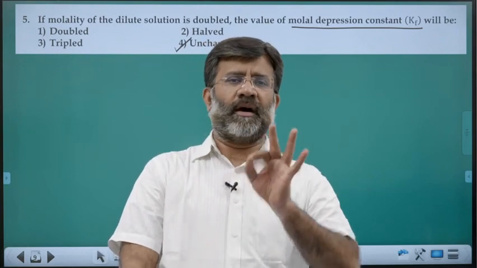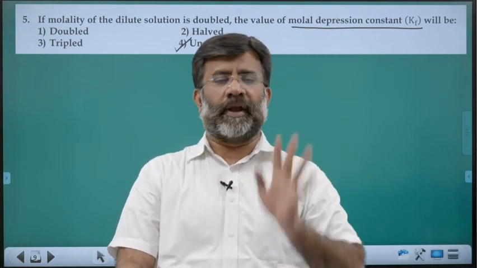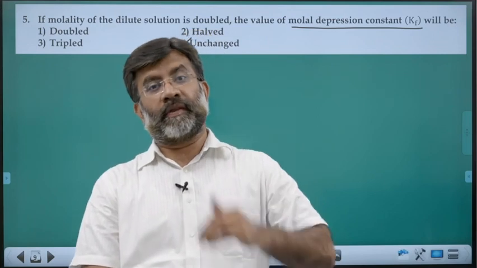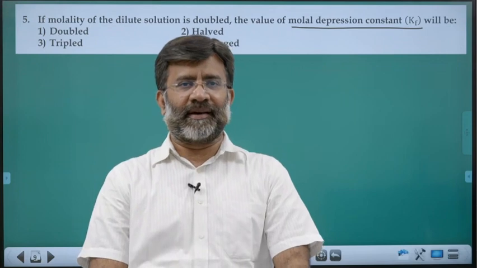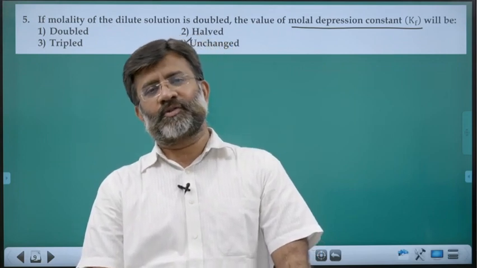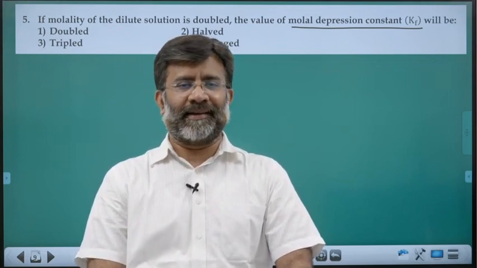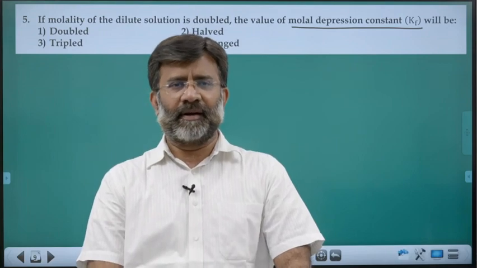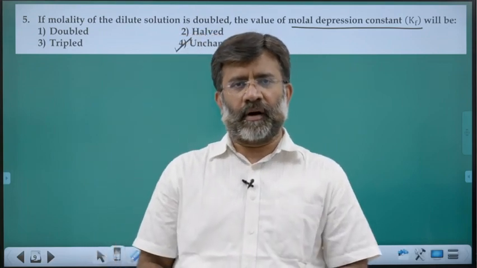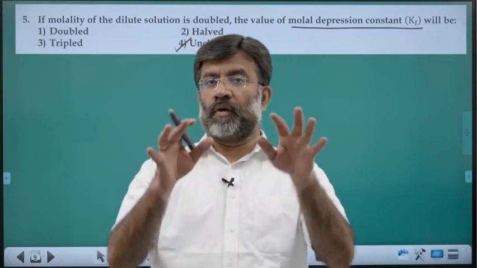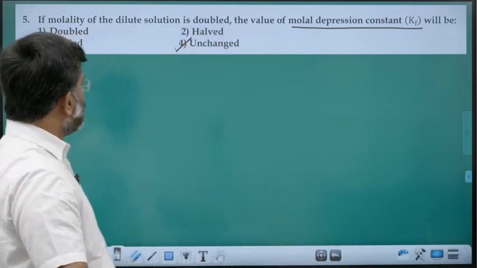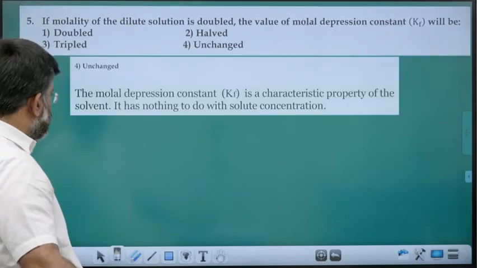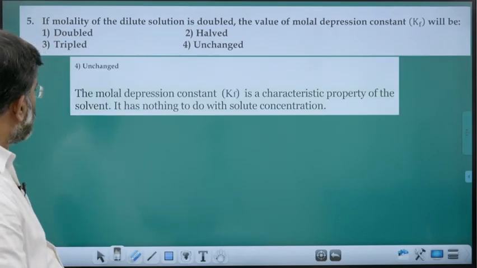Kf and Kb are characteristic of the solvent, and you know how it is related: R T_b squared M by 1000 delta H, or R T_b squared by 1000 L_v. You have learned that. So it depends on the nature of the solvent, not on the concentration of the solution. The answer is option 4, unchanged.